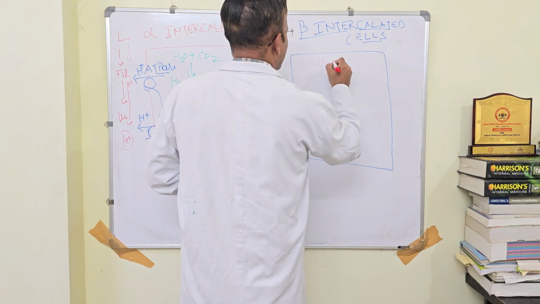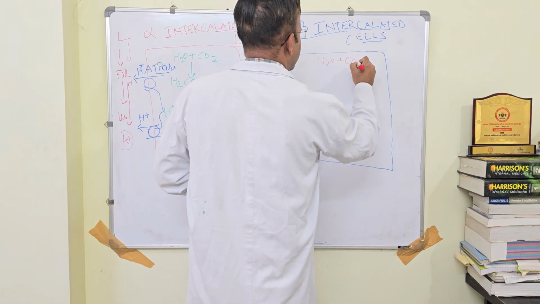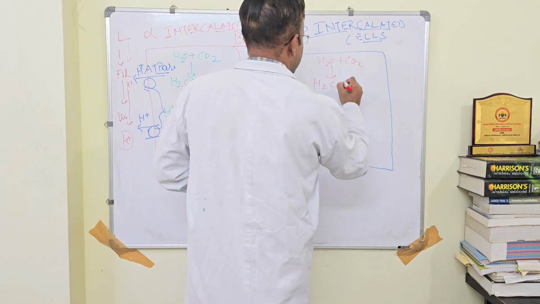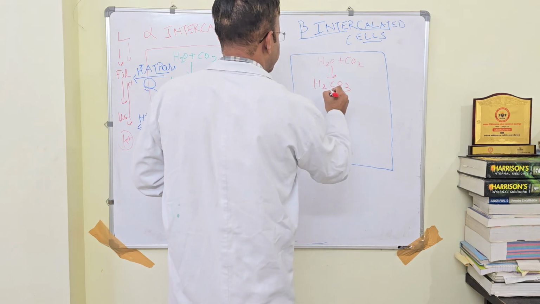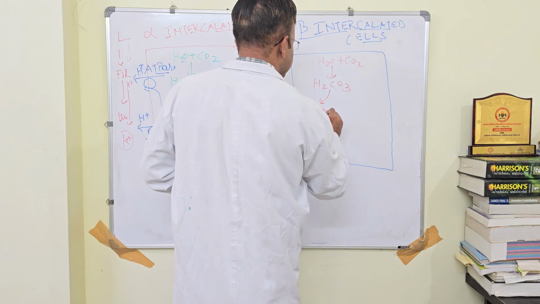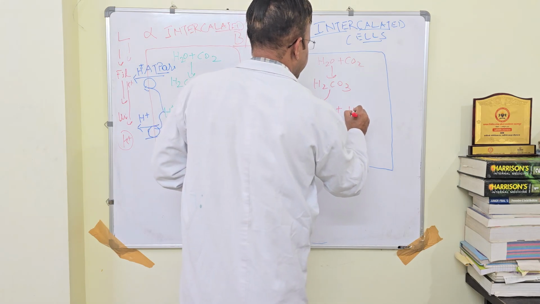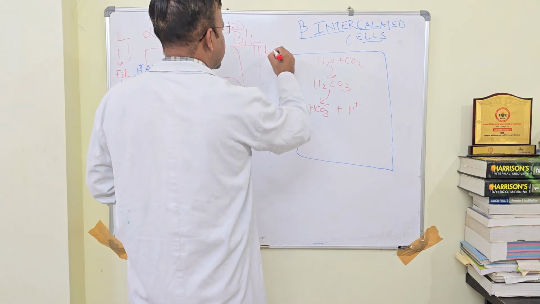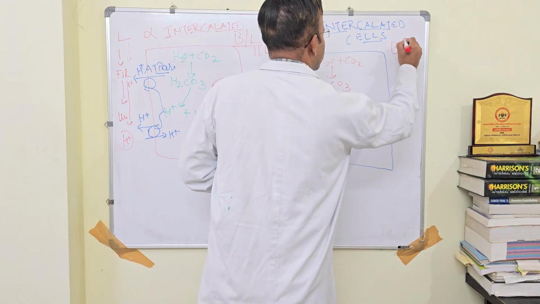H2O will combine with CO2 and this will produce H2CO3. Now this H2CO3 will break into bicarbonate and H plus ion, right? This side is your luminal side and this side is your basolateral side.